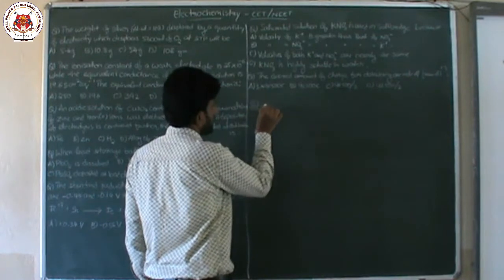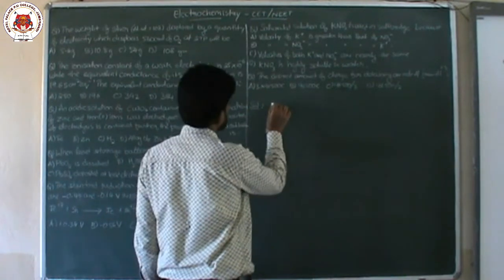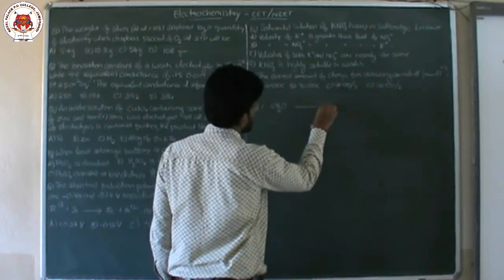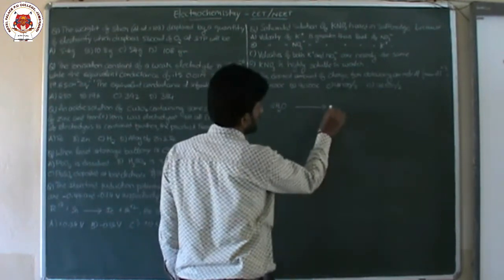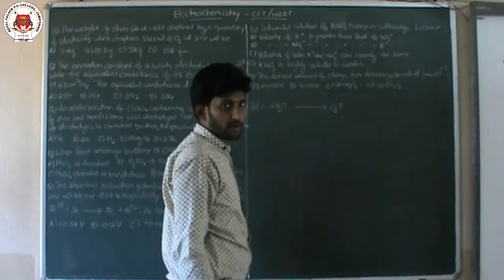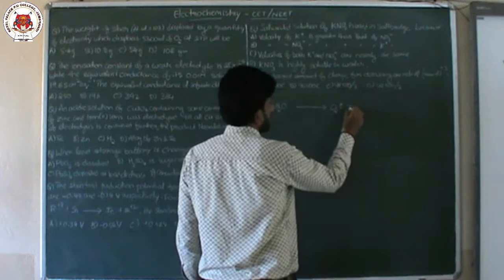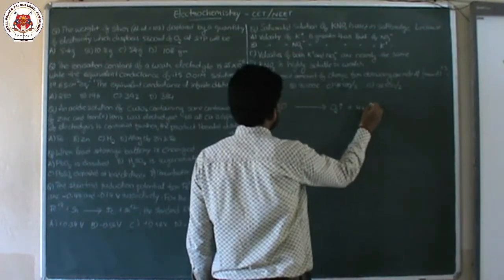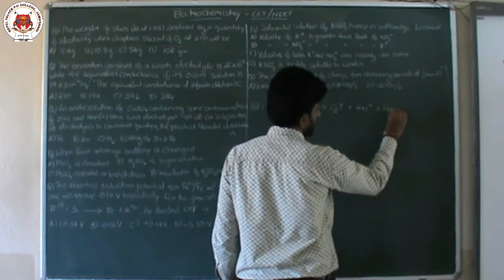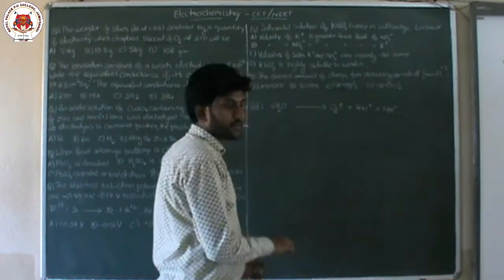In the electrolysis of water, if 2 moles of water are electrolyzed, then you get 1 mole of oxygen, along with 4 H plus ions, and I am writing 4 electrons which are liberated.